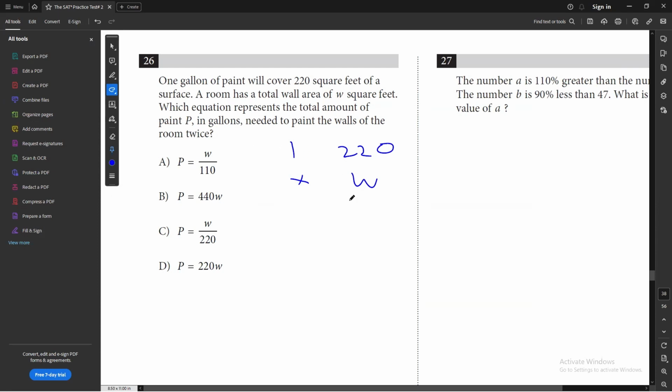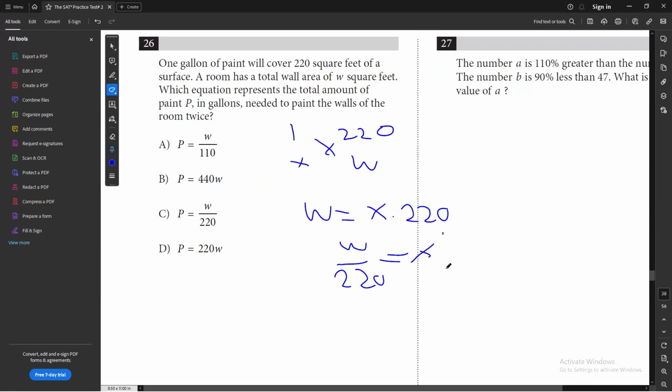So in this setup which I created, we're just cross multiplying, and W equals x times 220. If I want to solve for x, which I do, I'm going to divide both sides by 220. W divided by 220 equals x.